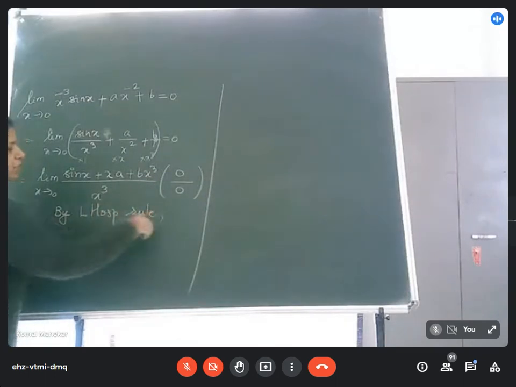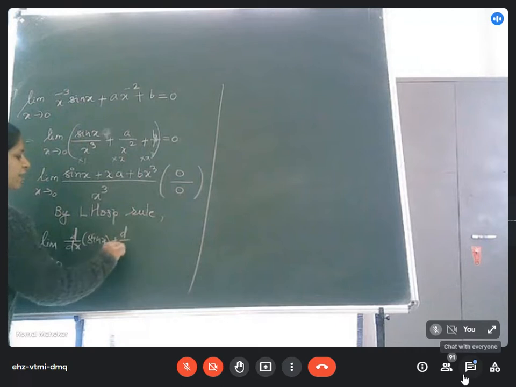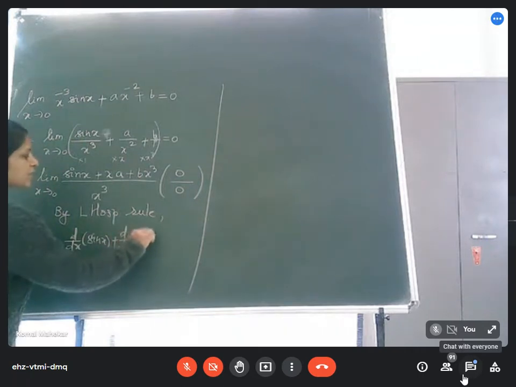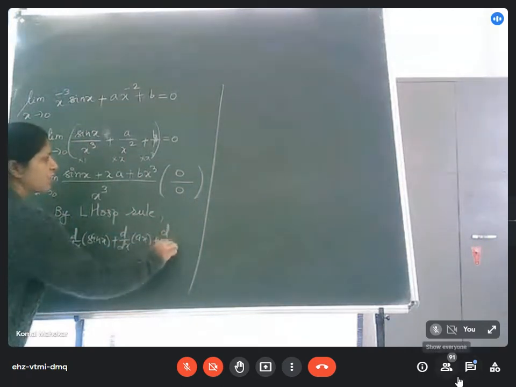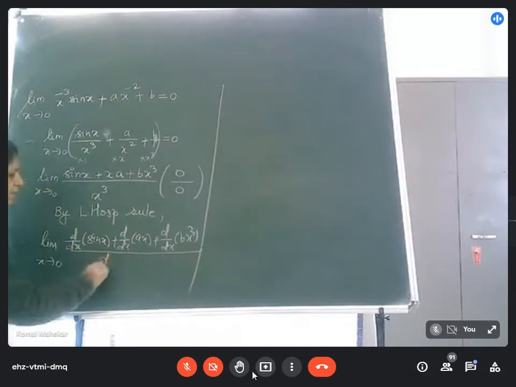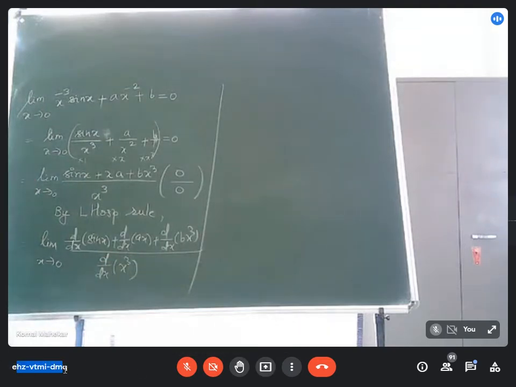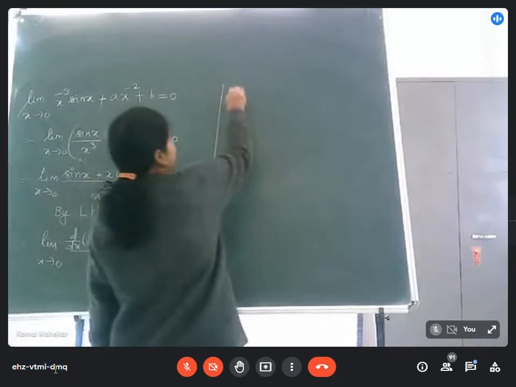we will differentiate the numerator and denominator function with respect to x. Okay. d by dx of sin x plus d by dx of ax plus d by dx of bx raised to 3 divided by d by dx of x raised to 3. So differentiating each and every term of numerator and denominator with respect to x. Find out the derivative.